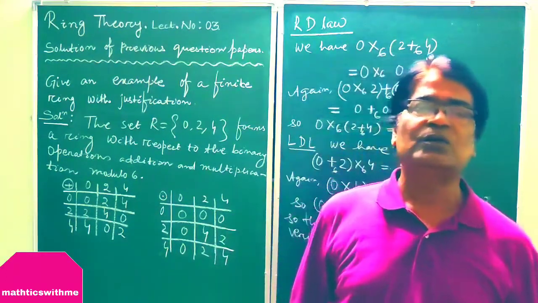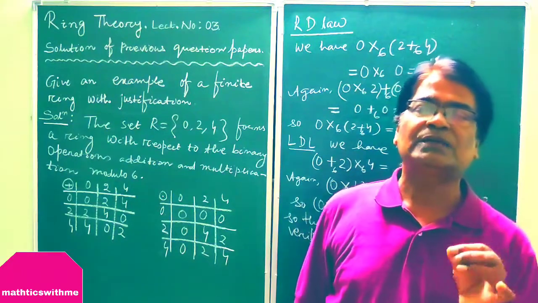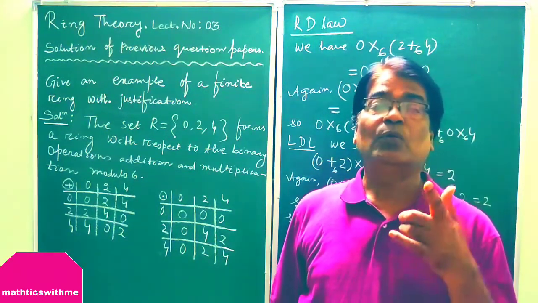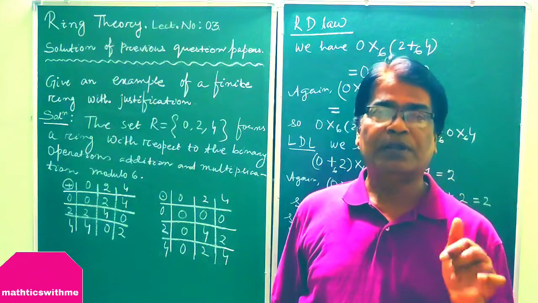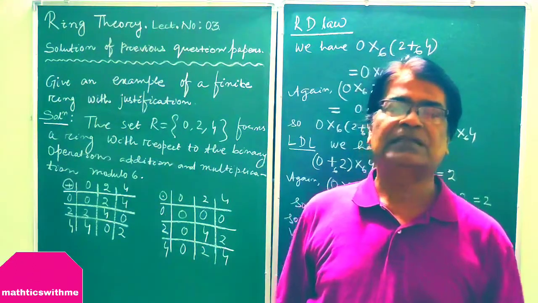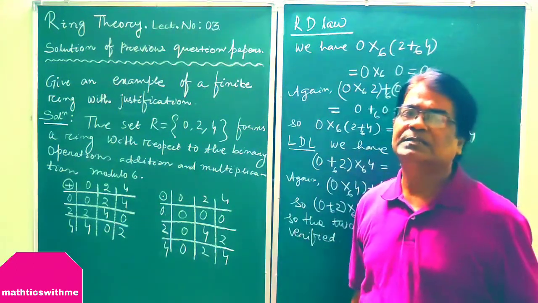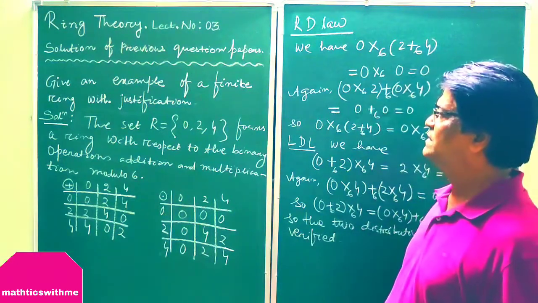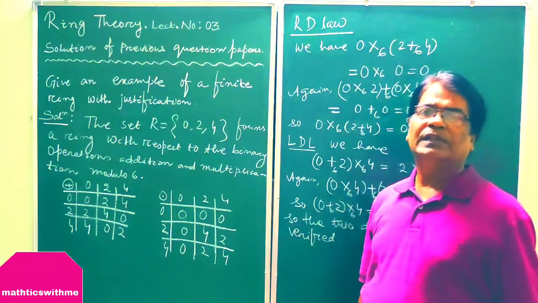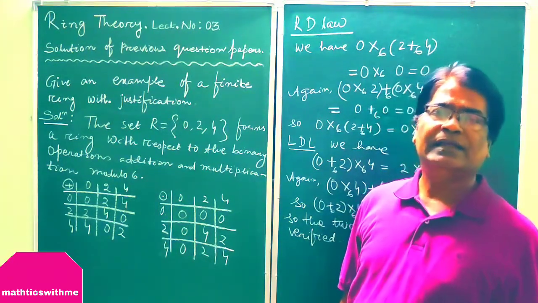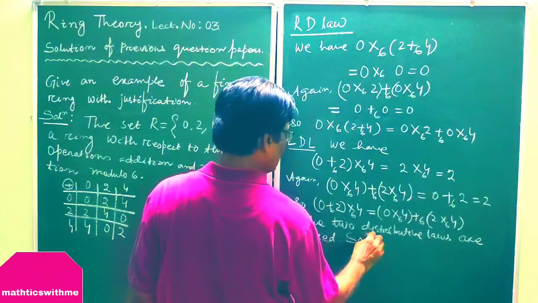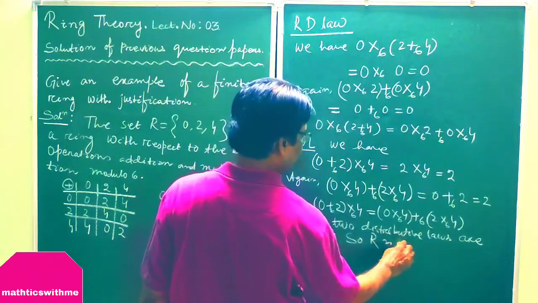Together with that, it also satisfies the closure and associative axioms with respect to multiplication modulo 6, and it also satisfies the 2 distributive laws. So the collection R is a ring.